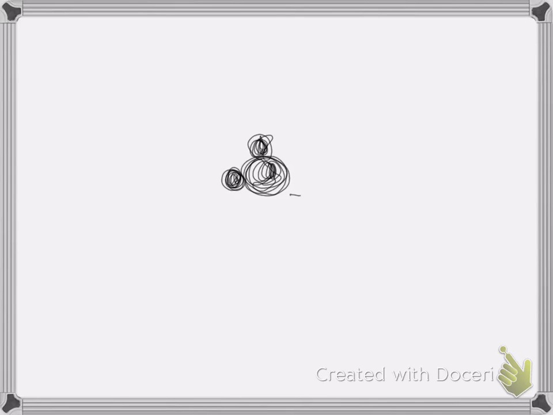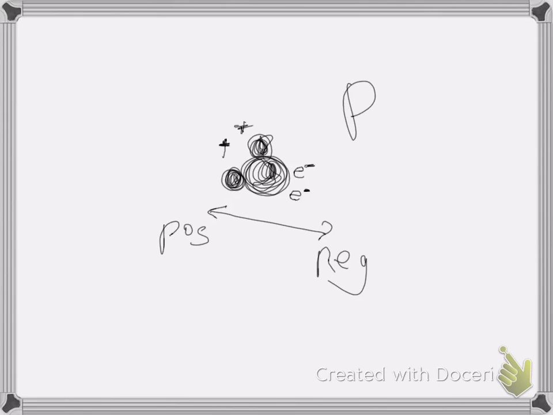Then what we find is that this side of the molecule of water tends to have a slight negative charge, whereas where the hydrogens are tends to have a little bit of a positive charge. And so we say that this molecule has poles. It has a negative pole and a positive pole. And so what do we call a molecule that has poles? Polar. And what about the bond? It's a polar bond. And that's what polarity is.